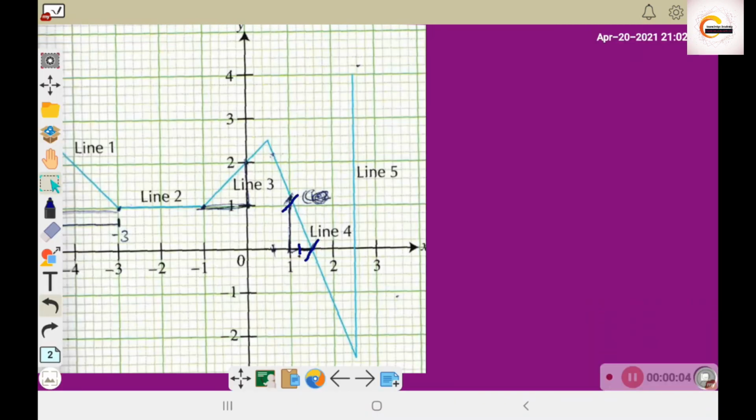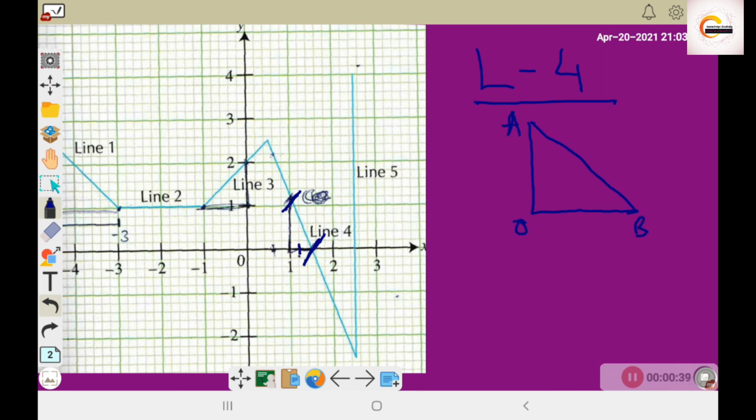Now the last line is going to be line number 4. I'm going to take 2 easiest points from line number 4 and make a right angle triangle. Let's look at line number 4. I'm making the right angle triangle roughly on the other side so that you can understand its coordinates easily.